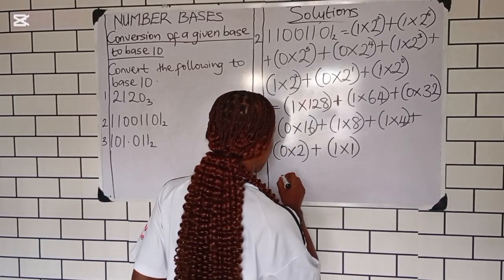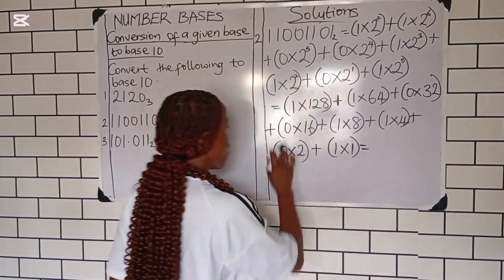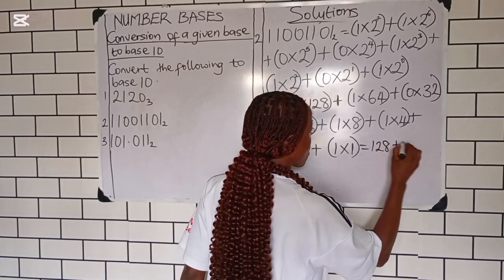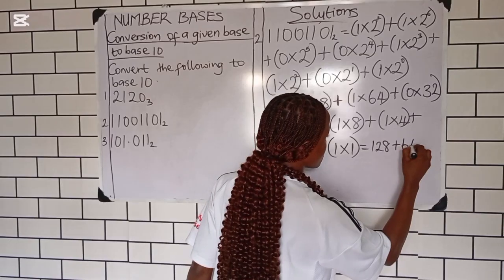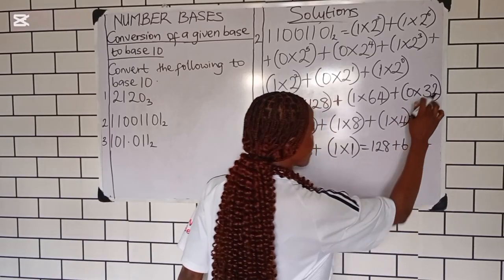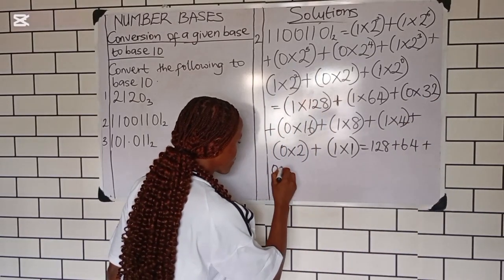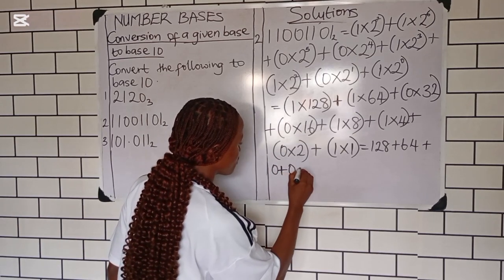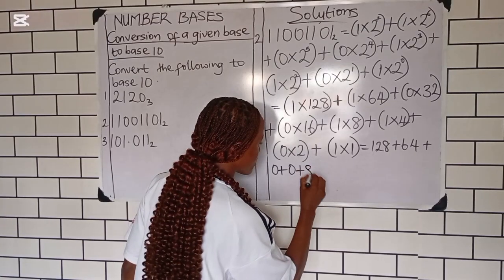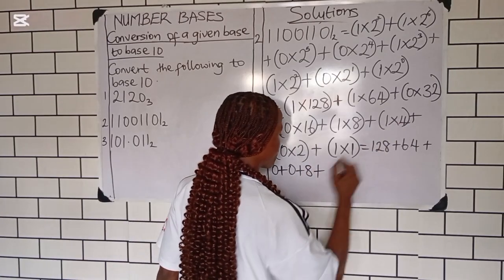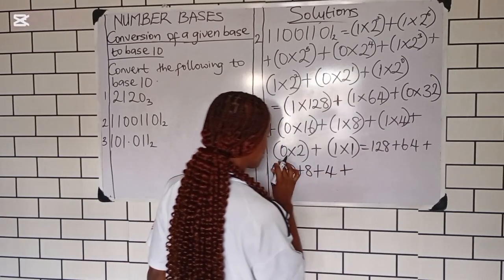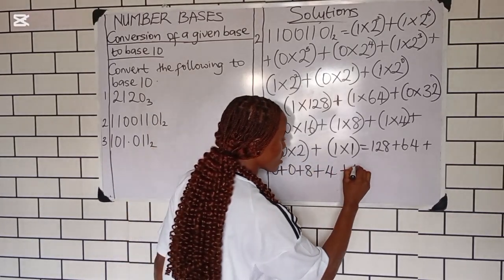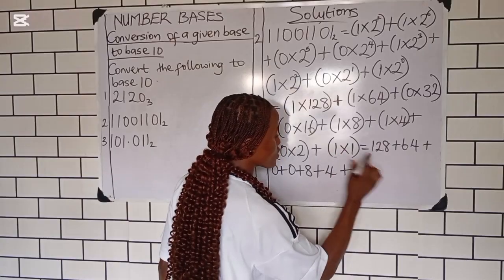Now going further here, we have is equals to 1 times 128 will still give us 128, plus 1 times 64 will still give us 64, plus 0 times 32 will still give us 0, plus the next one is 0 times 16, 0, plus 1 times 8, 8, plus 1 times 4, have your 4, plus 0 times 2, have your 0, plus 1 times 1 here will give us 1.